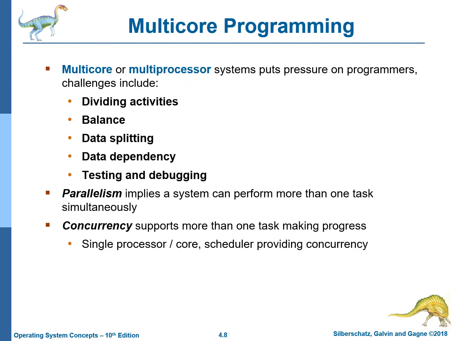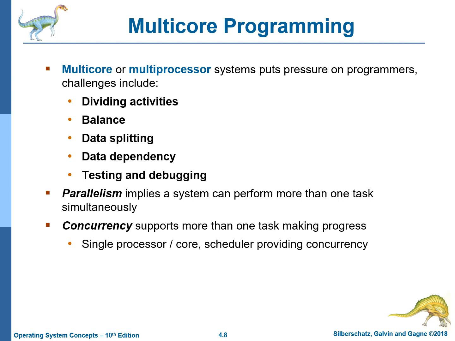Multi-core programming. Multi-core or multiprocessor systems put pressure on programmers, and the challenges include dividing activities, balance, data splitting, data dependency, testing, and debugging. Parallelism implies a system can perform more than one task simultaneously.